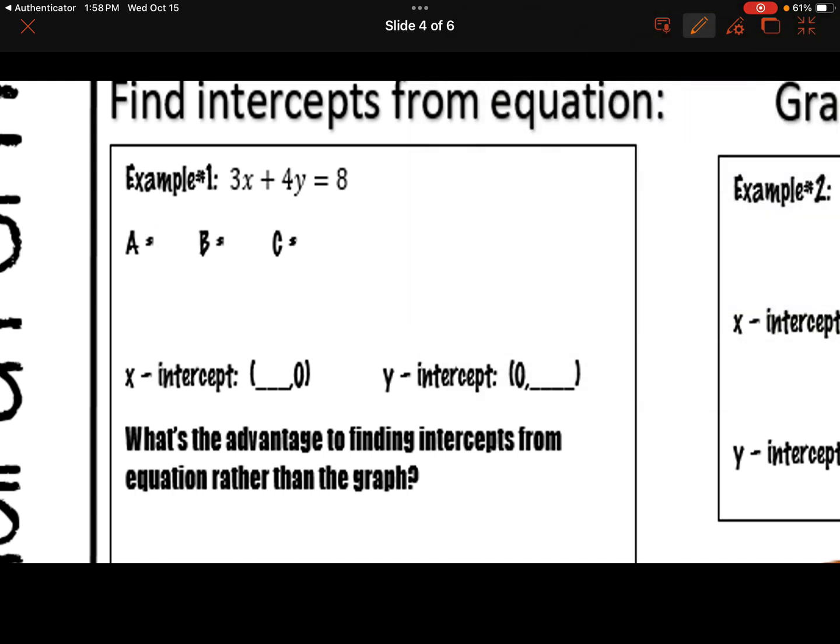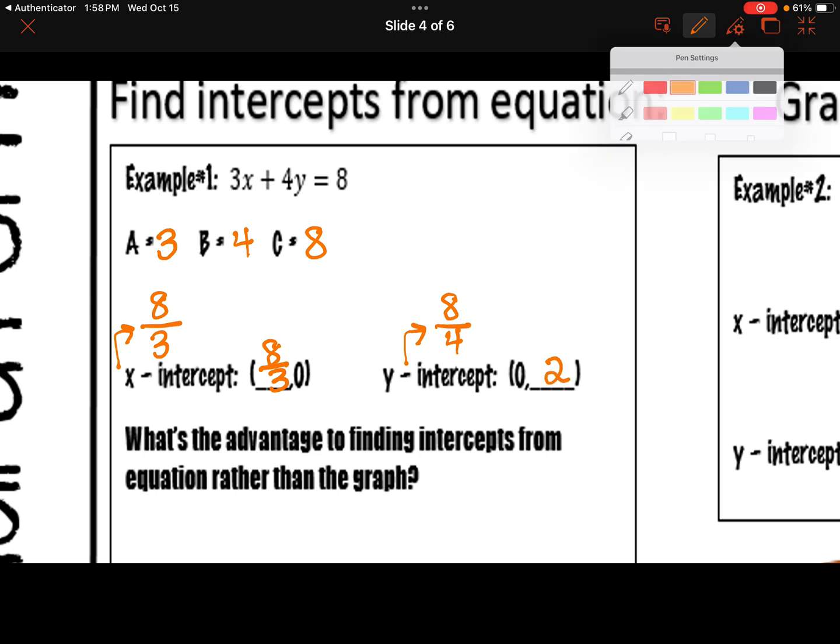Right now, first it's saying identify A, B, and C. So A is 3, B is 4, and C is 8. Okay, so to find the x-intercept, I'm just going to take the constant divided by the coefficient of x. So 8/3. And to find the y-intercept, I'm going to take the constant and divide by the coefficient. And 8 divided by 4 is 2.